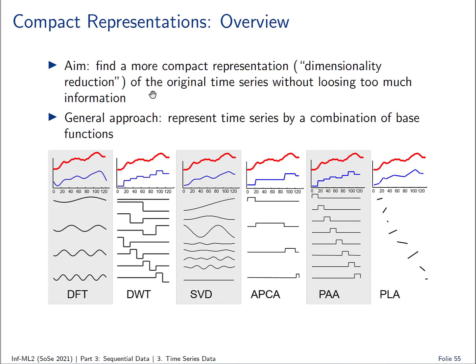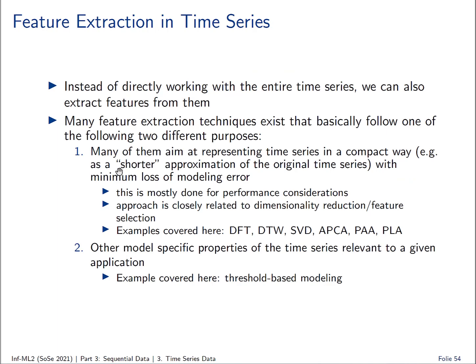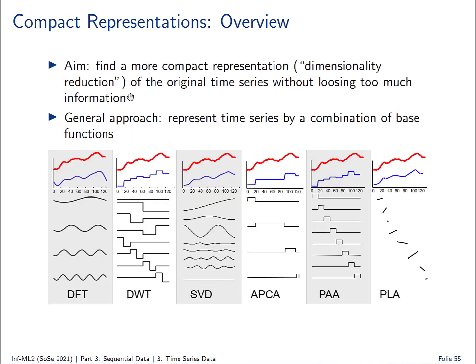And once again, the aim of this first class of methods is to find a more compact representation of the original time series without losing, of course, too much information. So that is perfectly matching the ideas of dimensionality reduction here.